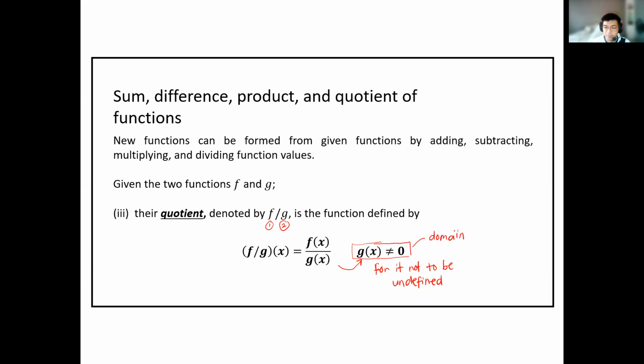As per previous discussion, domains are the input values of x. So it is stating that we have to avoid the value of 0. That's the condition for the domain. Again, the output of your domain would be the range.